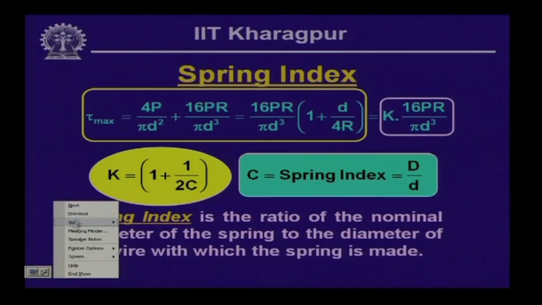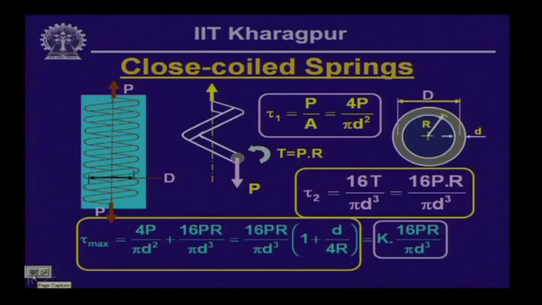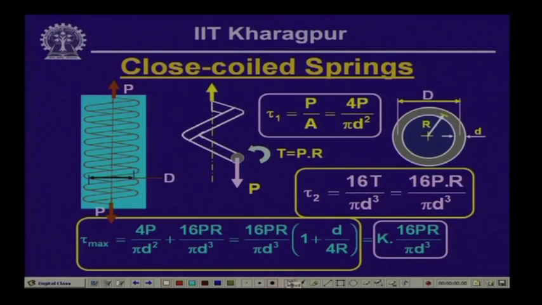Now, let us look into the second question, which was, what are the different types of stresses that closed coil helical springs are subjected to. Now, the closed coil helical springs, as we have seen, are subjected to two kinds of forces.